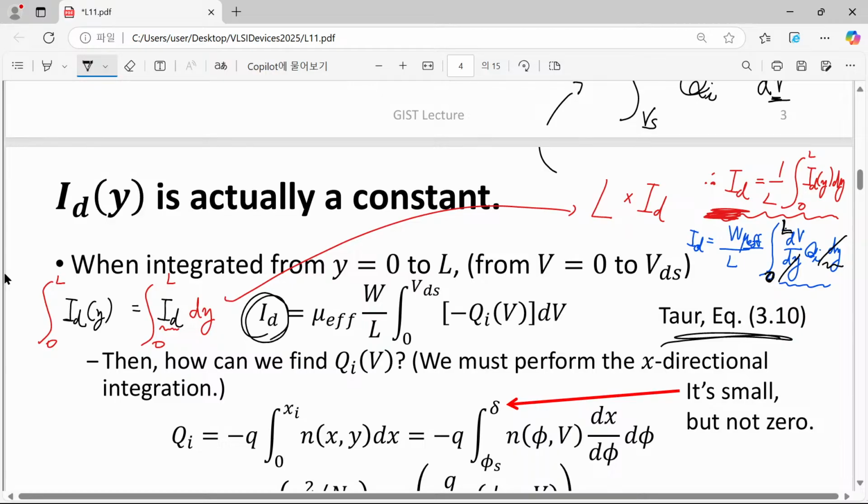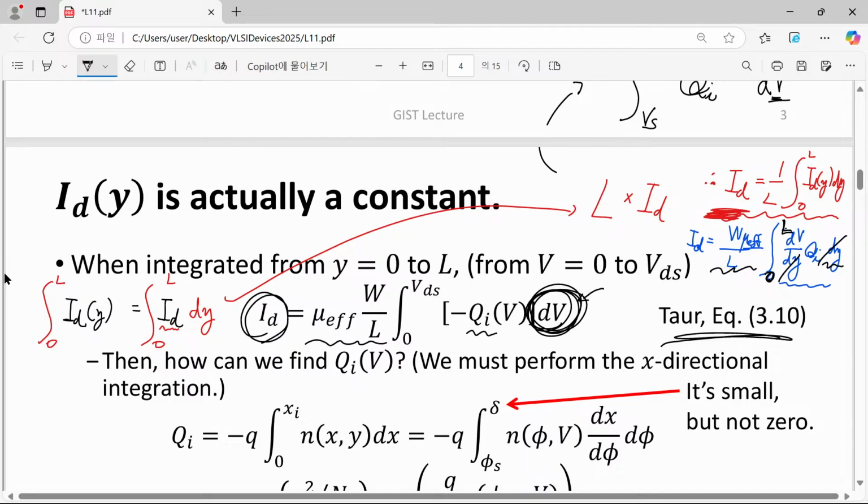ID is just written as certain numbers, and just to say that integration of our inversion charge density. But inversion charge density is not integrated with respect to the real space position. Why? But integration over this electron quasi-Fermi potential.